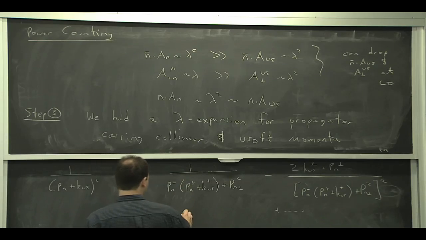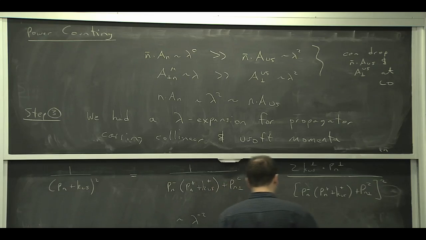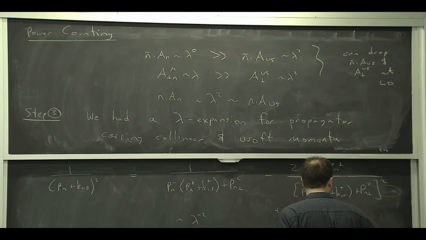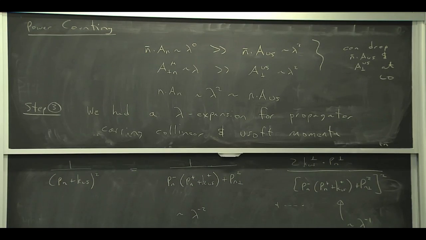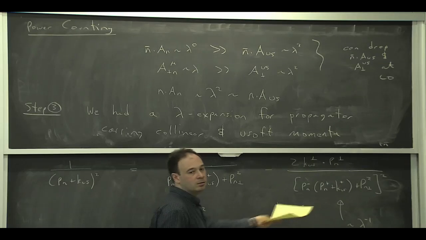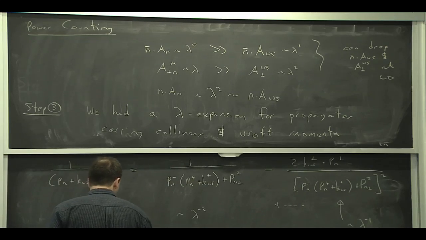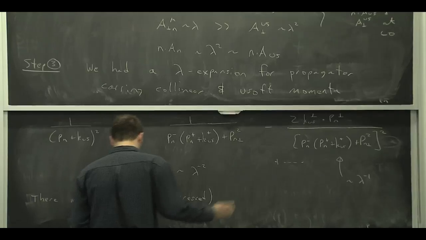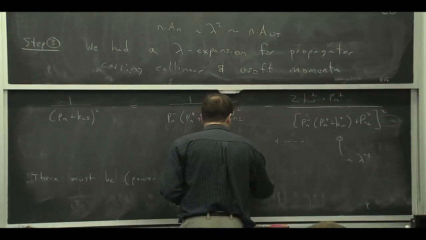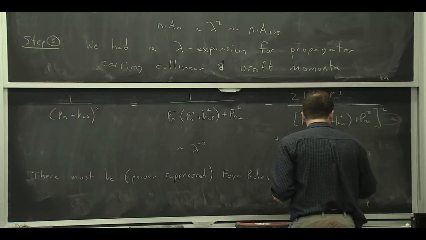So if you think about the power counting of these, this guy is lambda to the minus 2, and this guy is lambda to the minus 1. Okay, so there has to be something in the effective theory that at higher order will reproduce this second guy. So there will be some power suppressed Feynman rule in SCET to reproduce the second term.